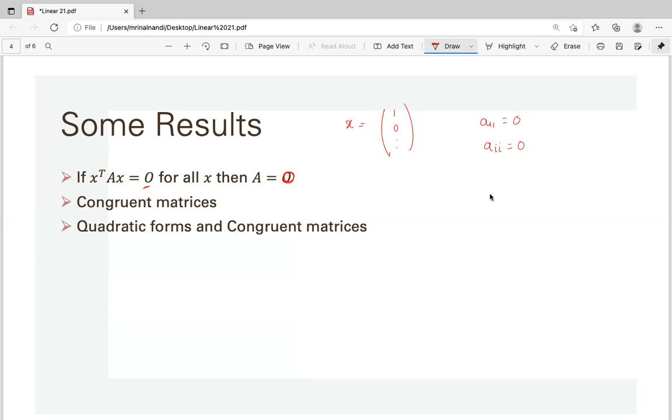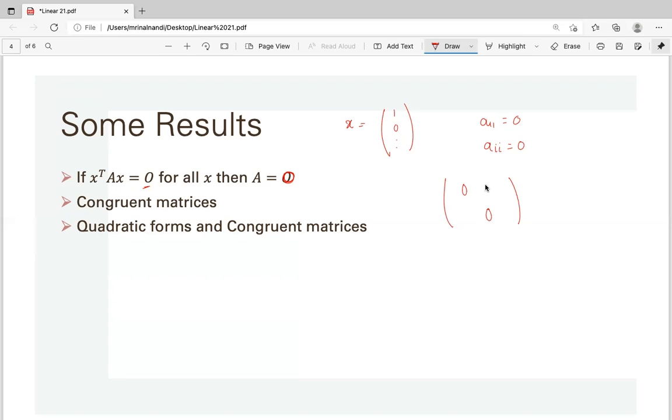Then how do you prove that the off-diagonal elements are 0? Remember, A is a symmetric matrix. Since A is symmetric, I'll prove it.